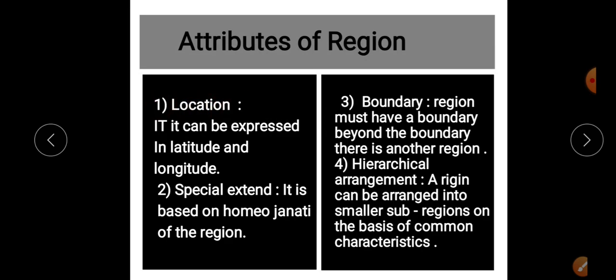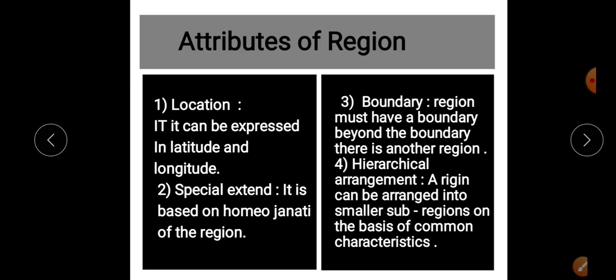Location is one of the important attributes of a region. We can identify any region with the help of its location. The location is expressed by the latitudinal and longitudinal extent.